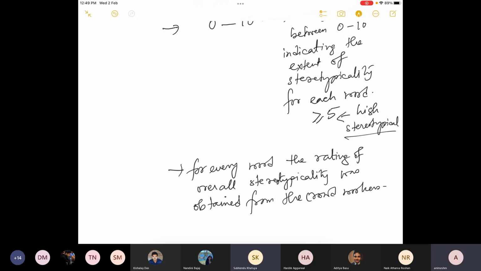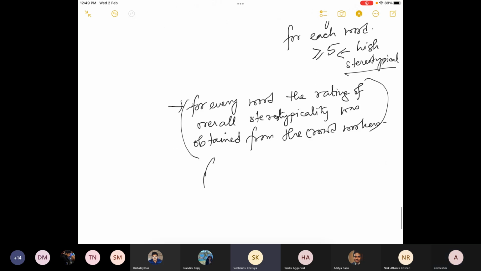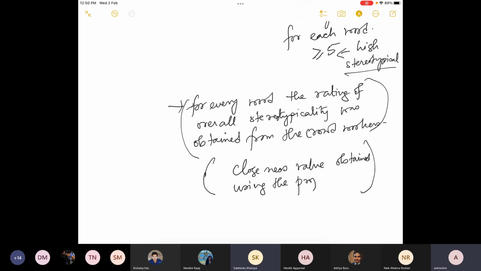Okay, so this was one side of it. The other side was the closeness value obtained using the projection scores.